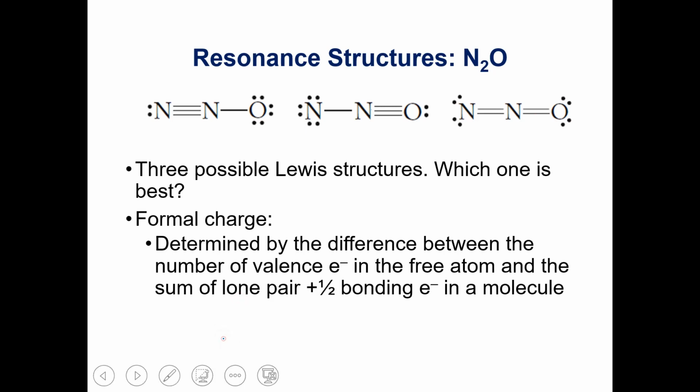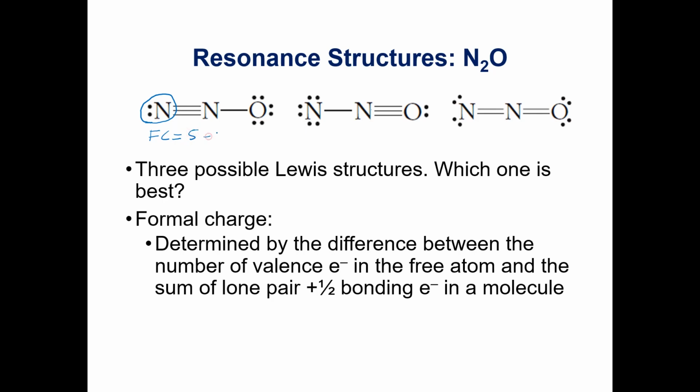The one that has the triple bond between the 2 nitrogens. So if I calculate the formal charge on this nitrogen, nitrogen should have 5 valence electrons according to the periodic table.